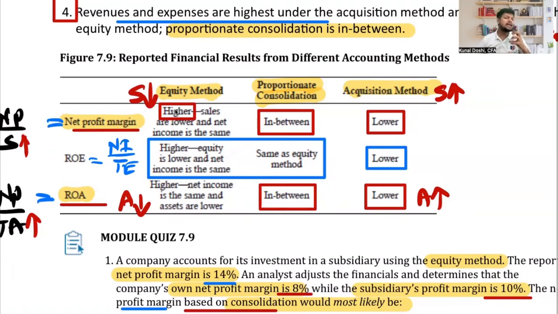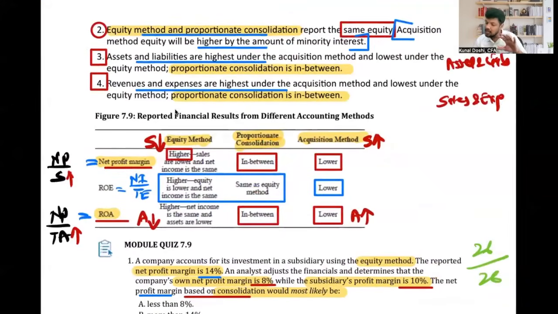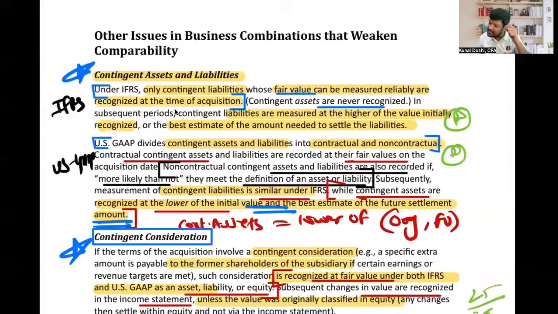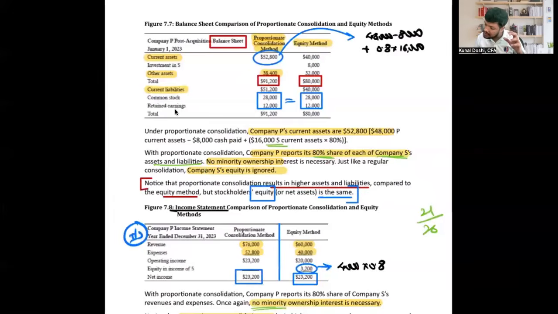ROE, which is net income over total equity, and net income is same across all. But again, the total equity is higher under acquisition method. However, under proportionate consolidation and equity, what happens is that the total equity is same. Let us see that. How come the total equity is same under these two methods?